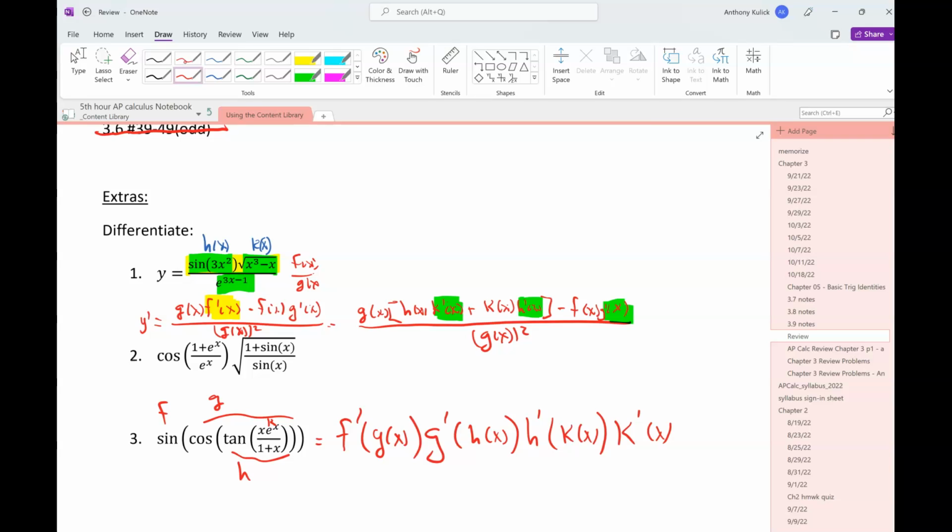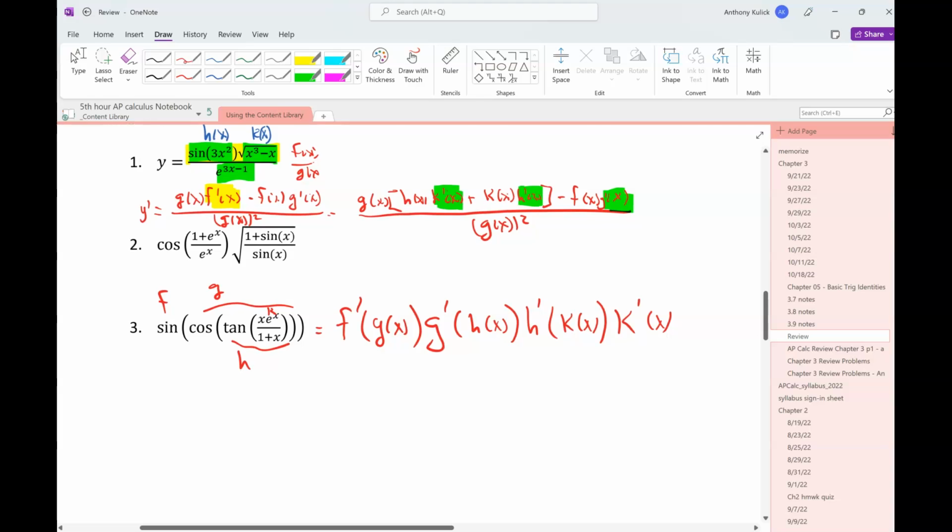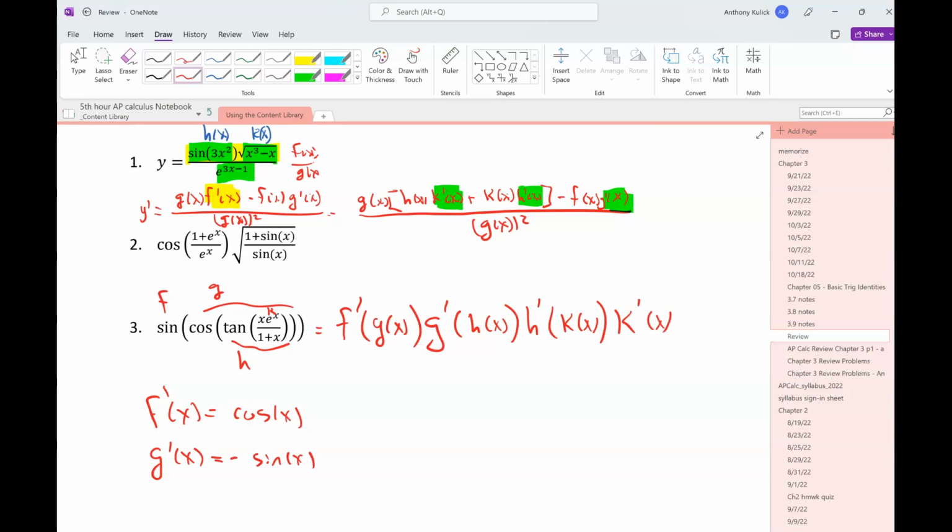Does that feel okay? And again, I would write things out algebraically initially, and then just worry about the pieces. Like f prime is just cosine, g prime is negative sine, h prime would be cosine of that, secant whole squared.